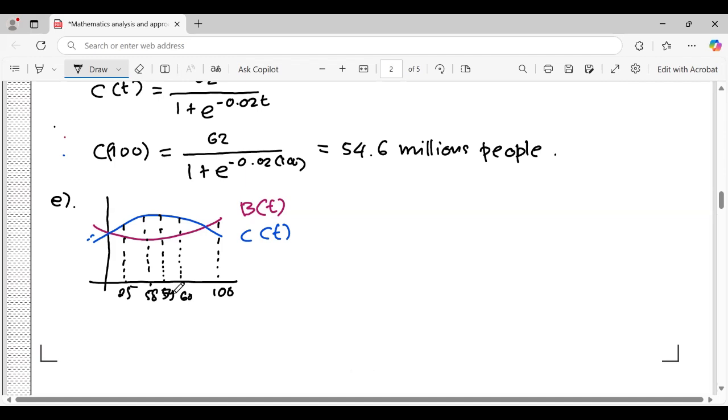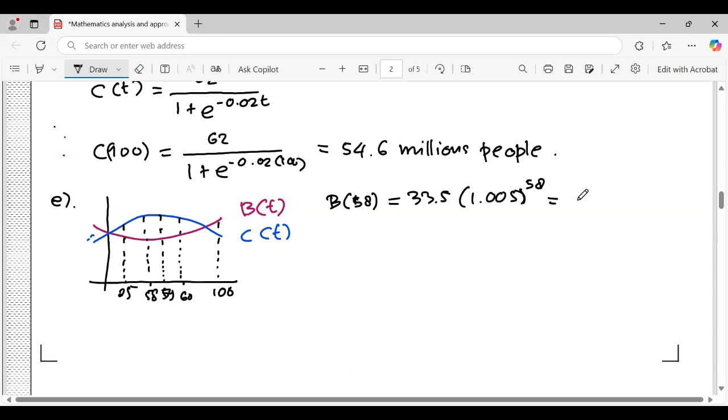Now, if we substitute 58, 59, and 60 into Benoit's model and Cecilia's model, we can get, according to Benoit, B(58) is 33.5 times 1.005 to the power 58.